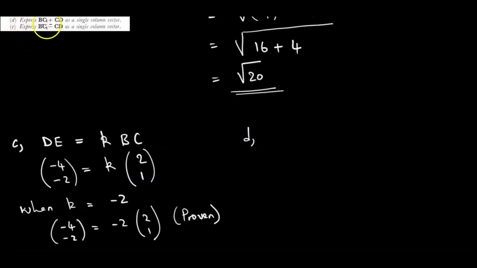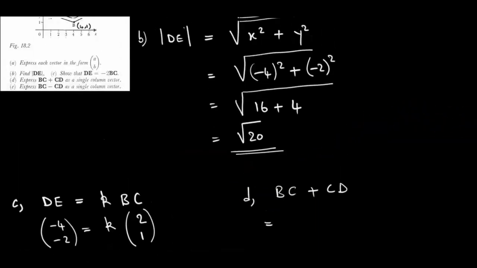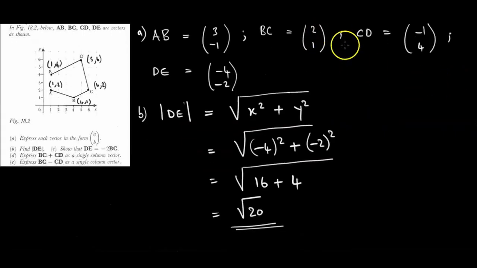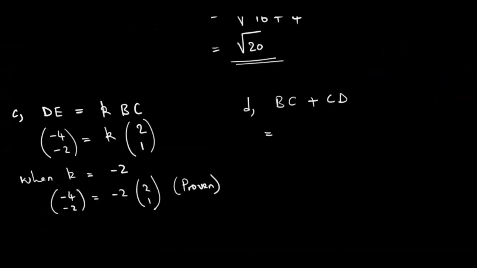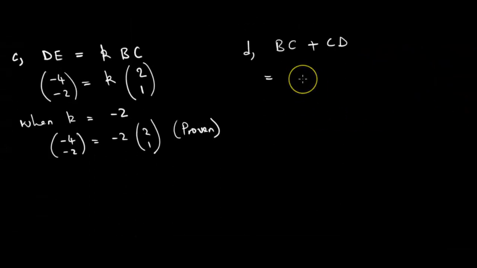D says express BC plus CD as a single column vector. So it says BC plus CD. What is BC? Looking above, we saw that it is (2, 1) and CD we saw is (-1, 4). So we are just going to do simple substitution.